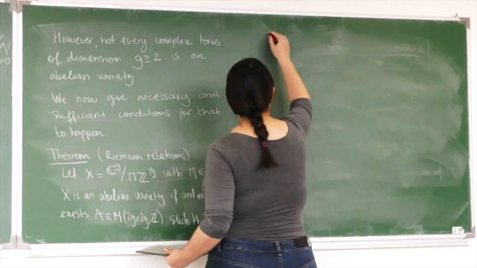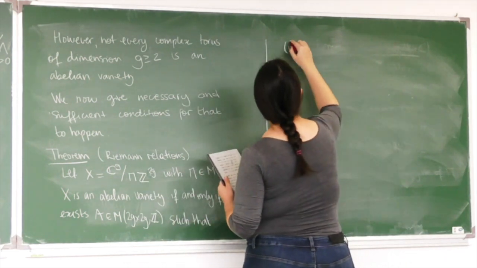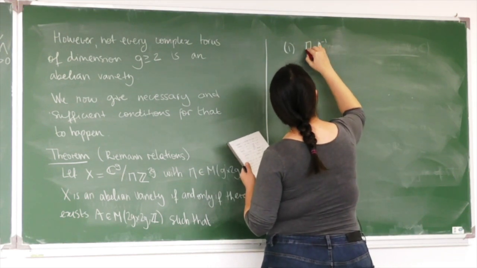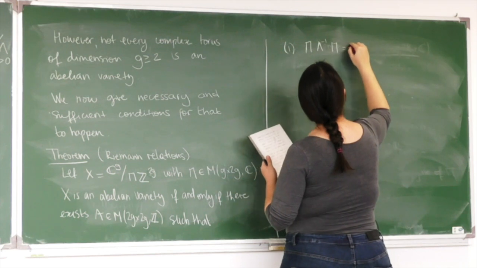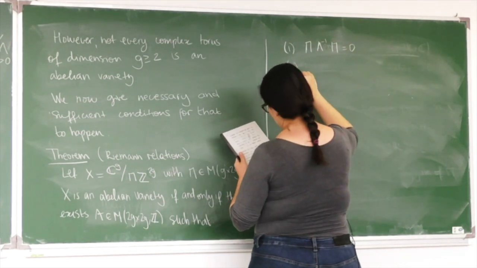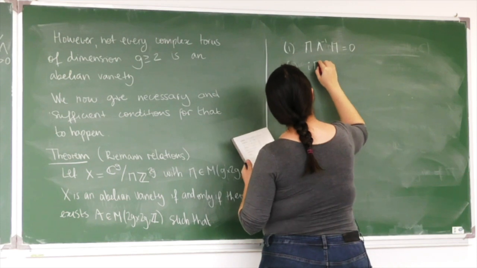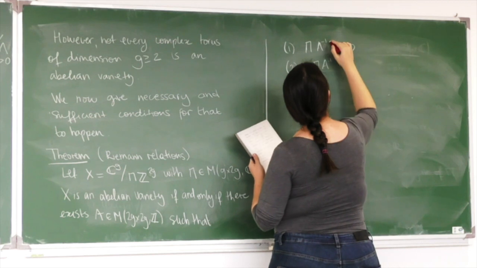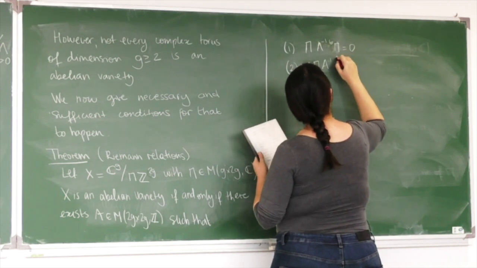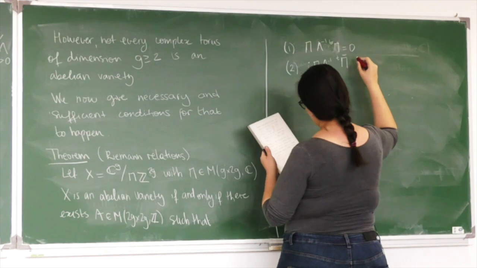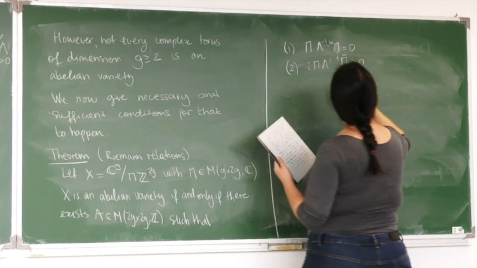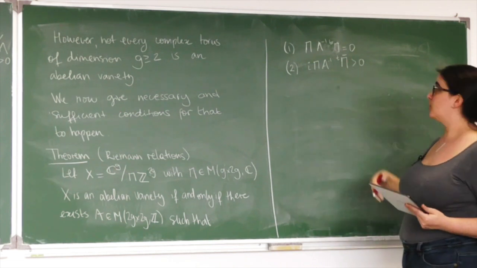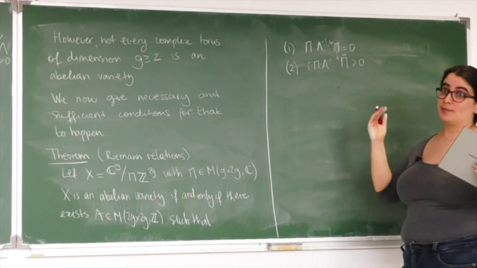and let me go to this other side, first condition, pi A inverse transpose pi is equal to 0, and second condition, i pi A inverse transpose pi bar is positive definite. So here with the t as an exponent, I mean the transpose. I will write it on the left so that I can do transpose and inverses at the same time.